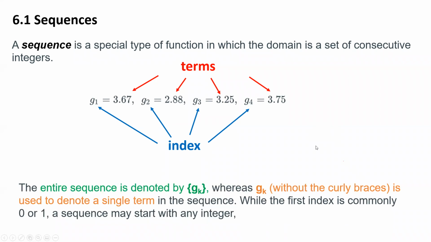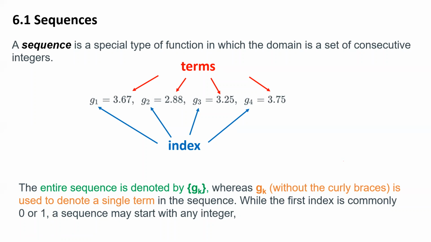Now, sometimes if we want to talk about an entire sequence, we'll put the name, in this case G, and we'll say G sub K, where K is the general term, in this case ranging from 1 up through 4. If we put it in these curly braces, then that means we're talking about the entire sequence.